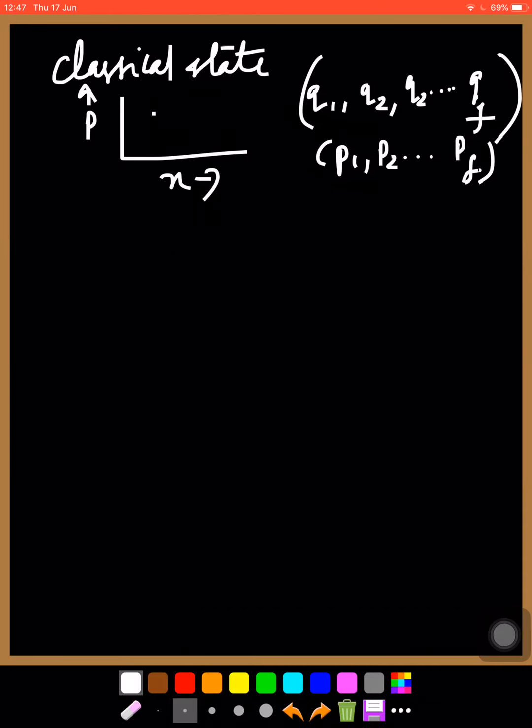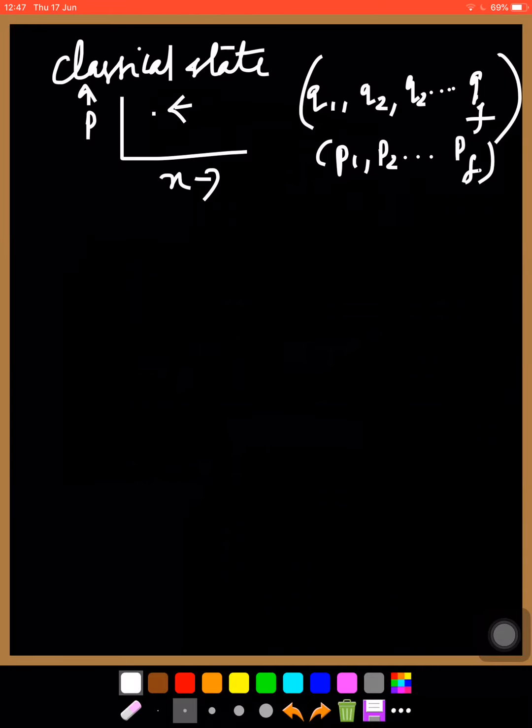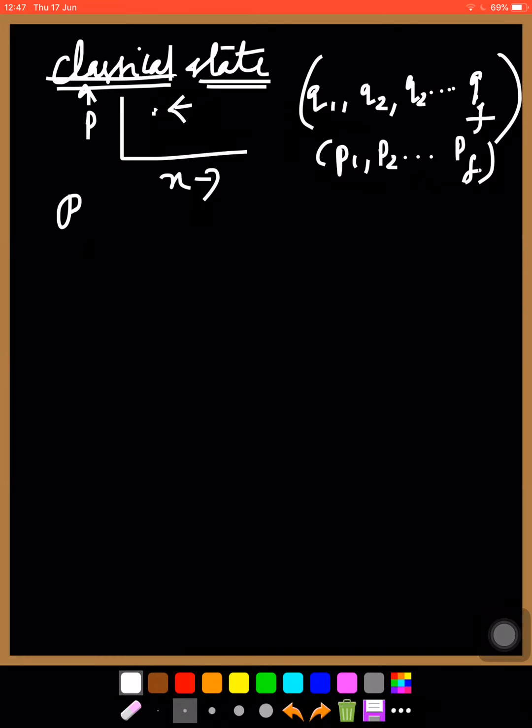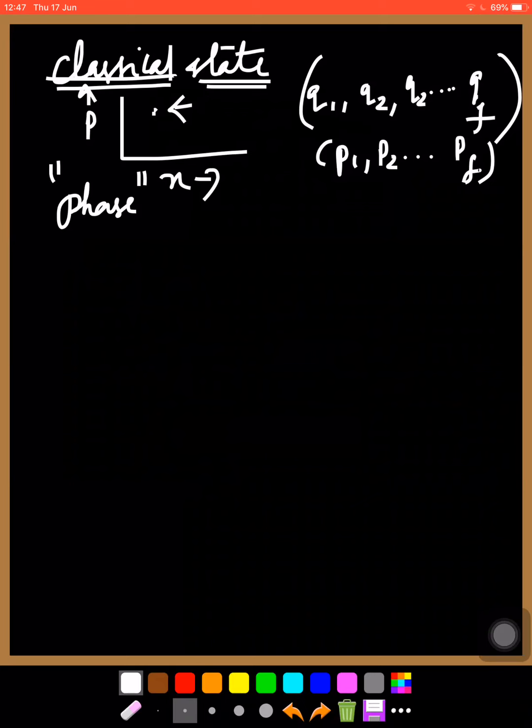These coordinates specify the eigenstate, particularly the classical state, and that is represented by a point in the phase space. The state of the system classically is represented by a point in the phase space.